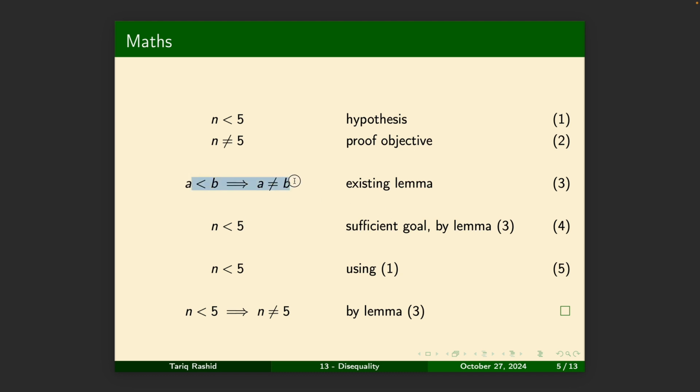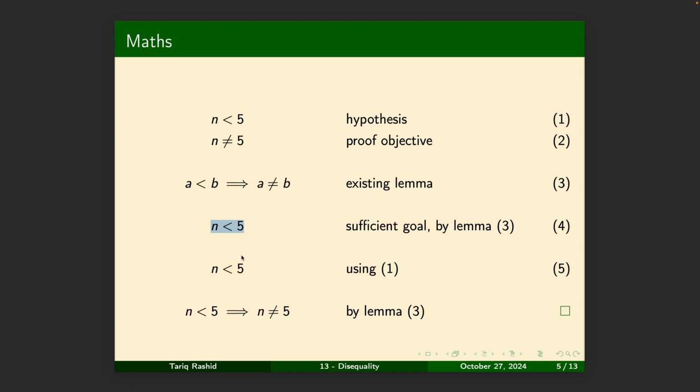So by using this lemma, we can say, if we can prove the left-hand side, then we've got the right-hand side. So it's sufficient for us to prove n is less than 5 in order to prove that n does not equal 5. So it's a sufficient goal, this one, to prove this one. So for us that means n is less than 5.